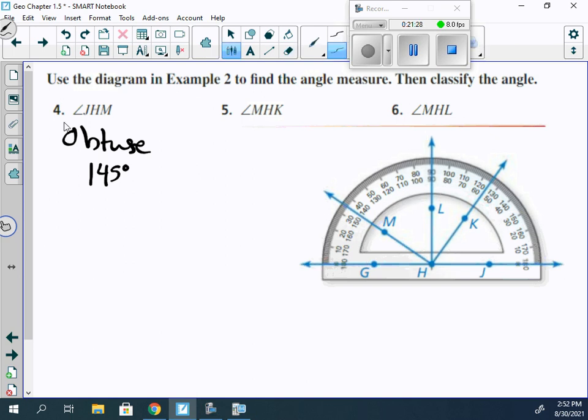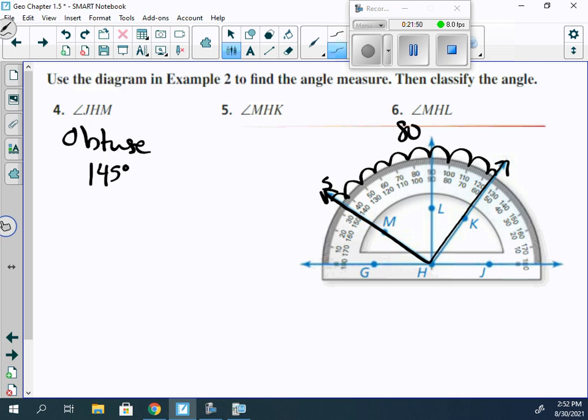So H, M, H, K. We could do our subtraction like we saw in the other one, or we can count. From here to here is 5, and then we have 10, 20, 30, 40, 50, 60, 70, 80.